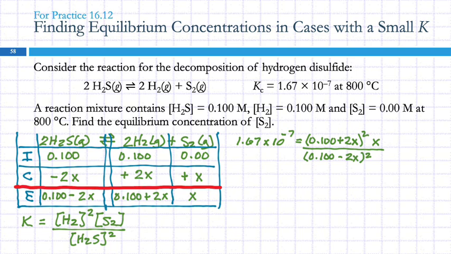But we're practicing the x is small approximation. We have a small equilibrium constant. We have relatively large initial concentrations. We're going to say, well, maybe x is so small that subtracting it or adding it to these concentrations is not going to affect it. Because, again, with the peach truck, right? If you toss 2 peaches up there, is that going to change the mass of the truck? Not in a way that you can detect. So we're going to say, well, I think this is so small that that is essentially 0.